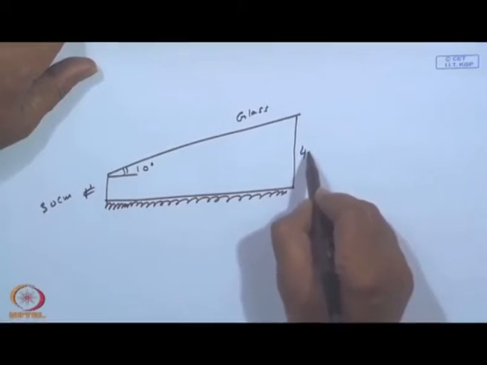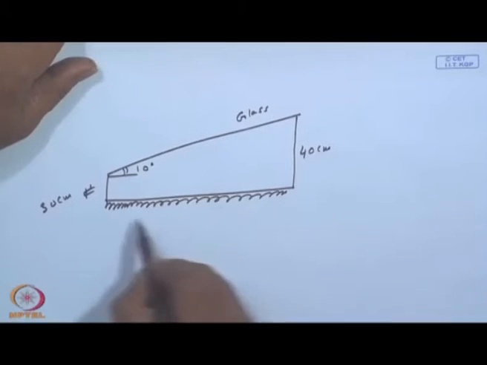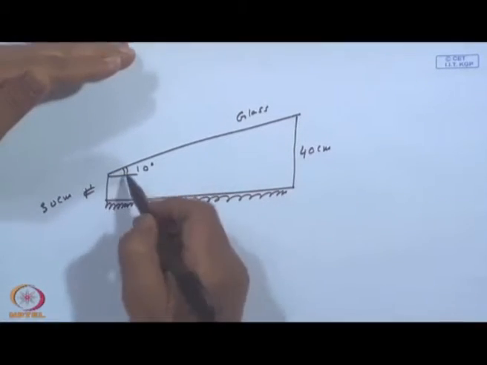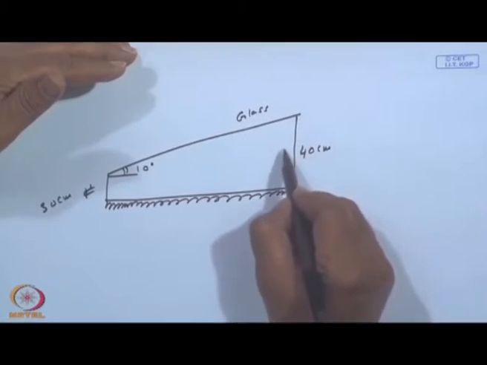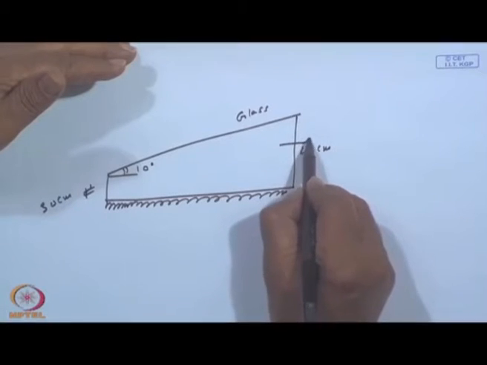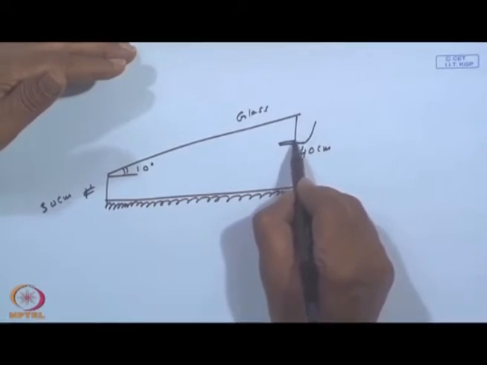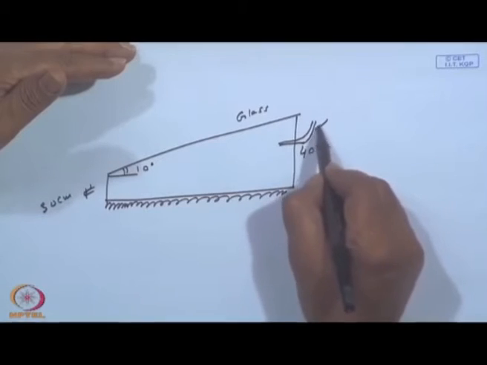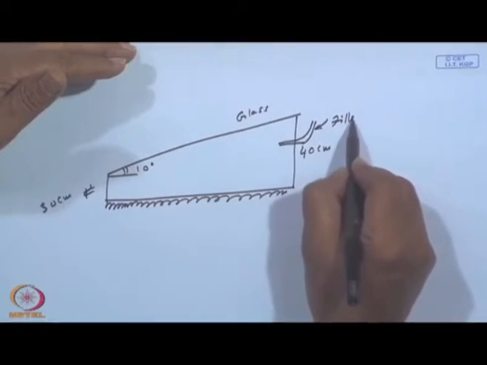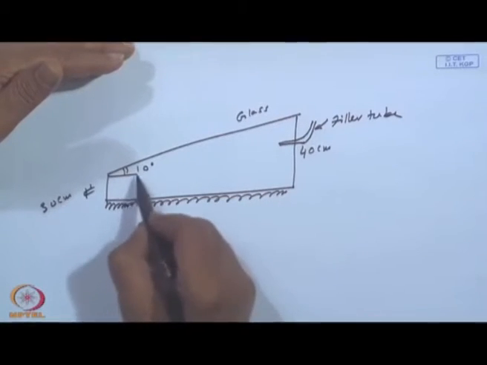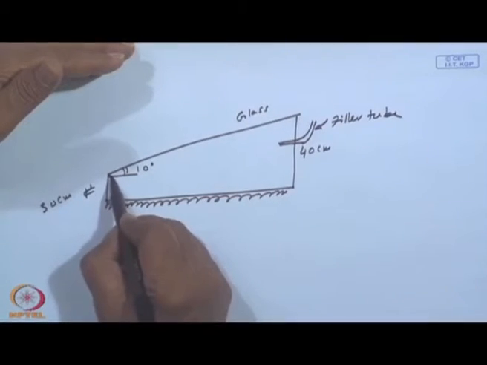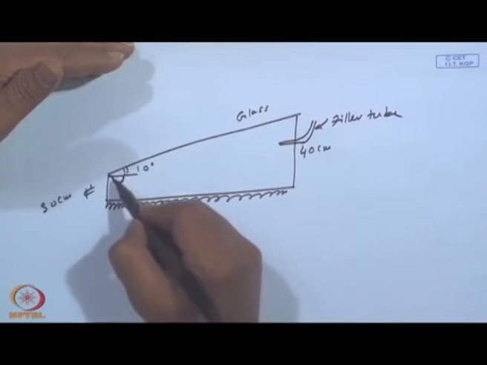And this may be 40, depending on the slope; if it is 1 meter you can calculate. You may have a filler tube over here, and then you have a collecting channel.